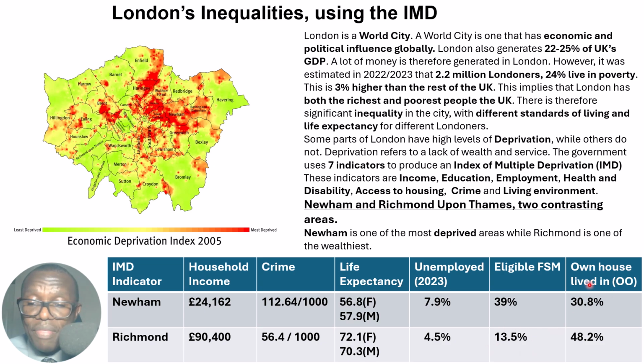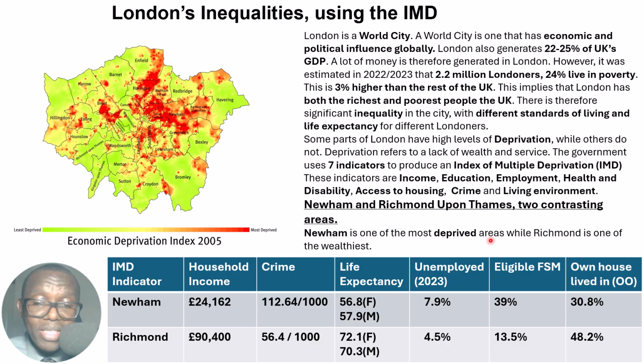Okay, and then the last indicator that I have put here is owner-occupied living, where people own the home that they actually live in. And in Newham, that figure is at 30.8%, and Richmond is at 48.2%.